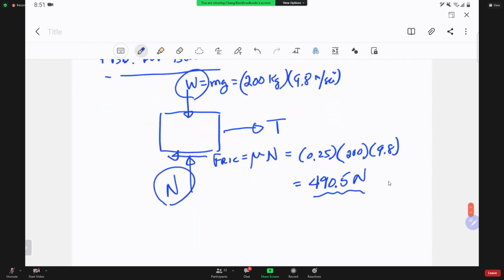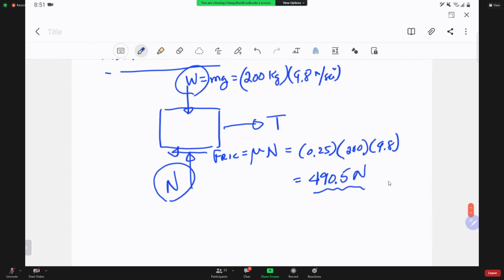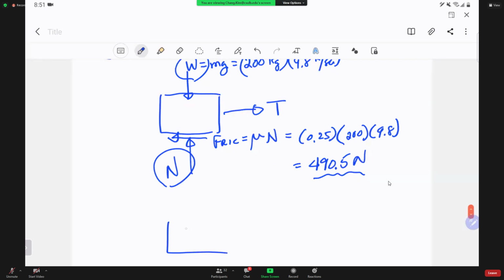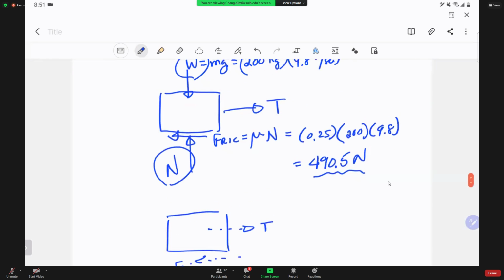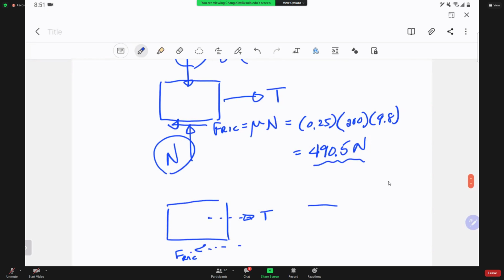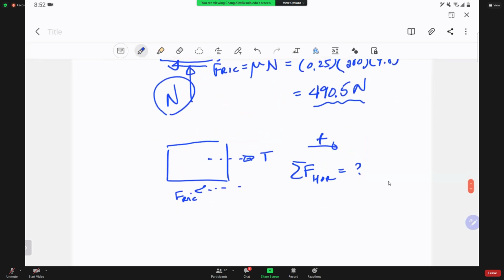Yeah, we need to check the other forces in the x direction. The only terms that I'm going to consider are the friction force and the tension. I'm going to check that in the horizontal direction, and I'm going to take positive to the right.